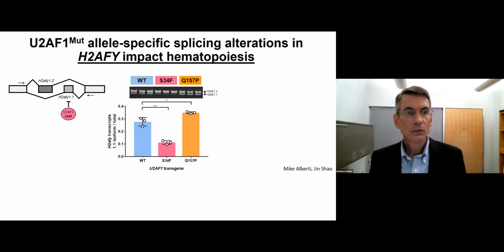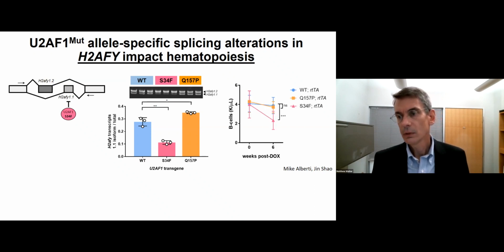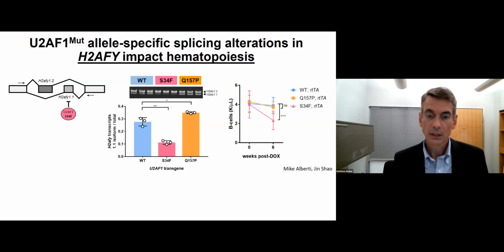Now, this gene, H2AFY, is also developmentally regulated during B lymphopoiesis. This provided a way for us to functionally validate this in vivo, because remember, the S34F mice have reduced B cells, in contrast to the Q157R mice that do not have a reduction in B cells.